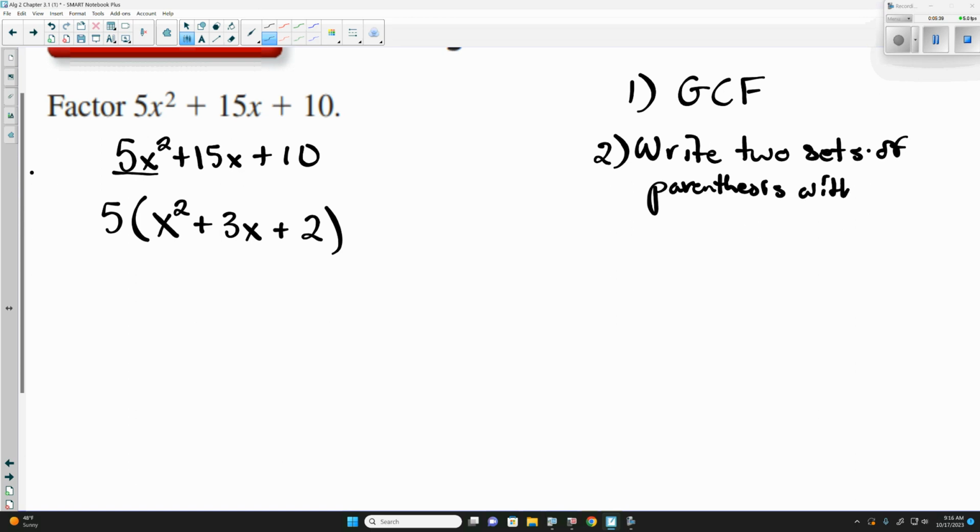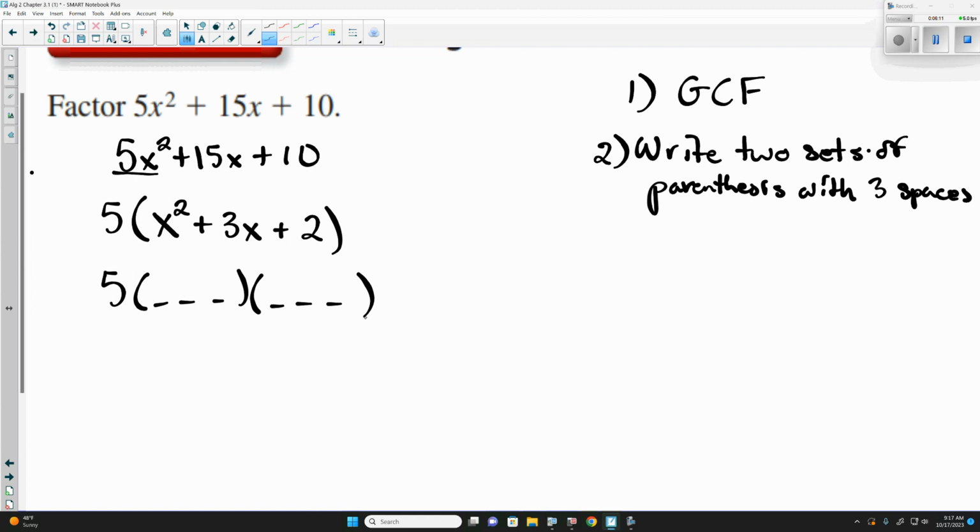with three spaces. So we'll still have our greatest common factor, but our second step is to write two sets of parentheses with three spaces.